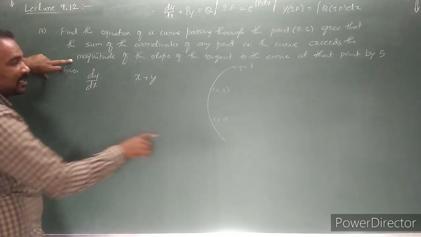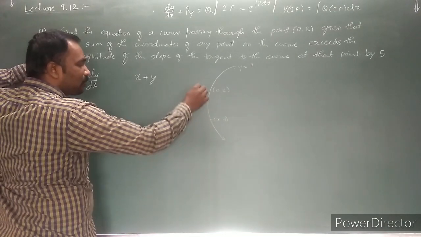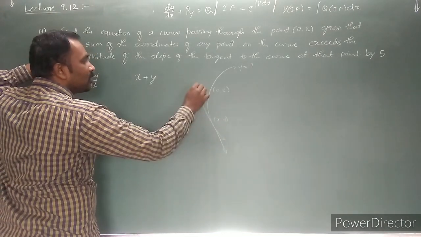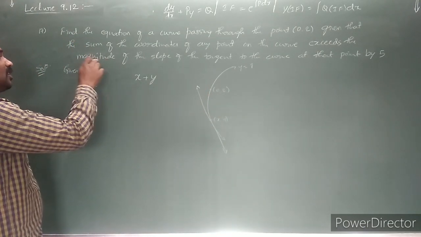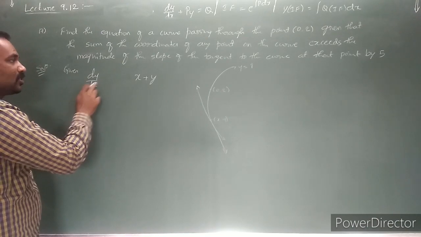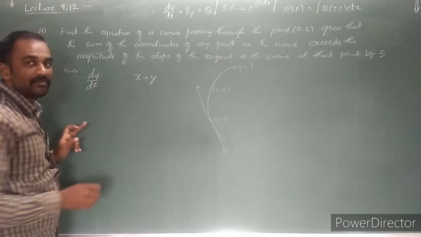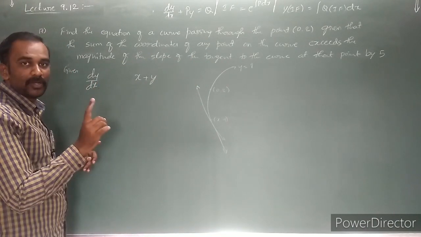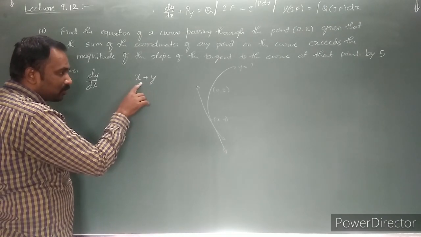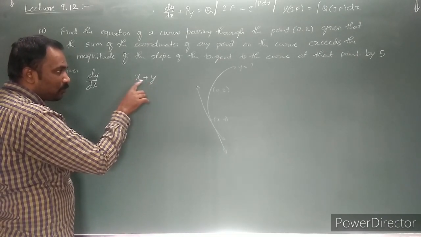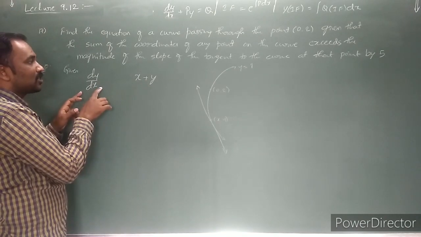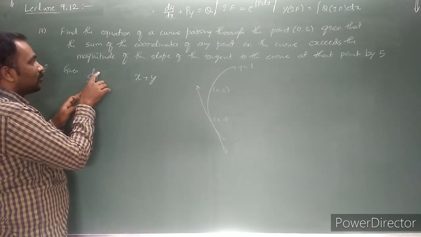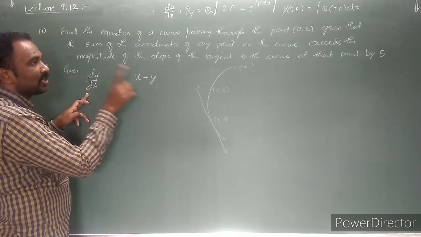By how much? By 5. I got my point. The sum of the coordinates of any point on the curve exceeds the magnitude of the slope of the tangent to the curve by 5.